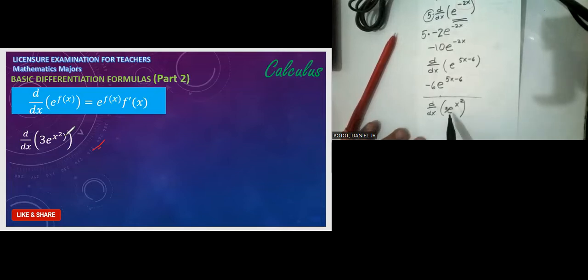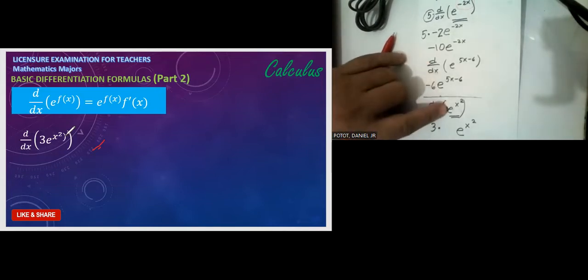Again, you put this 3 outside first, or you can just simply ignore that for a while, or just copy it, and then continue with the derivative of this one. You need e raised to x squared. Again, let's cover that. You are just simply taking the derivative of this.